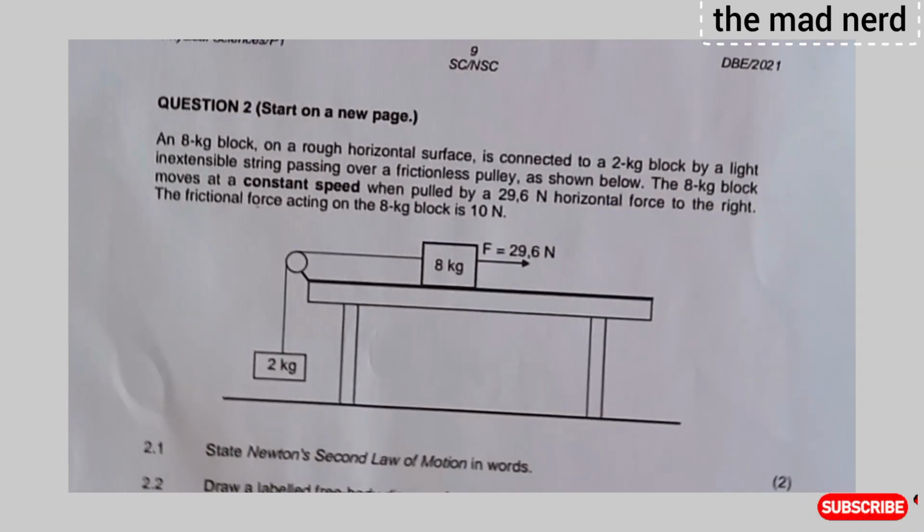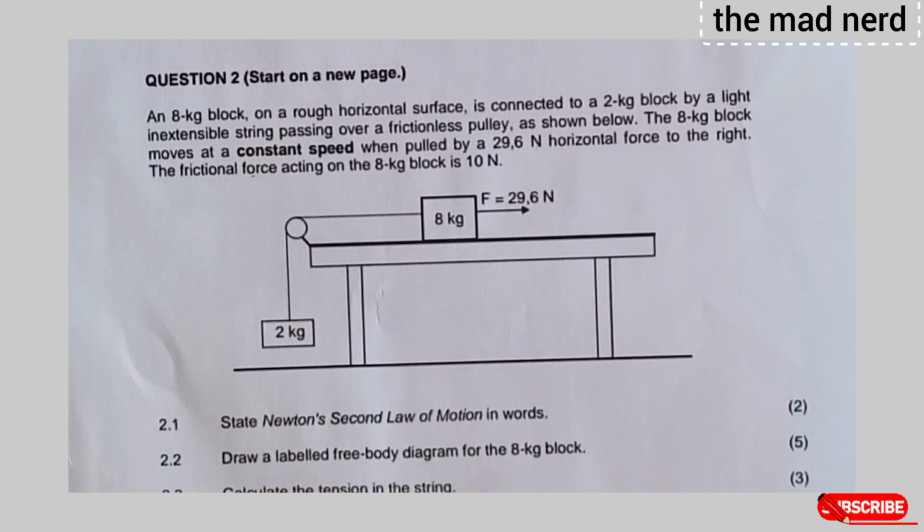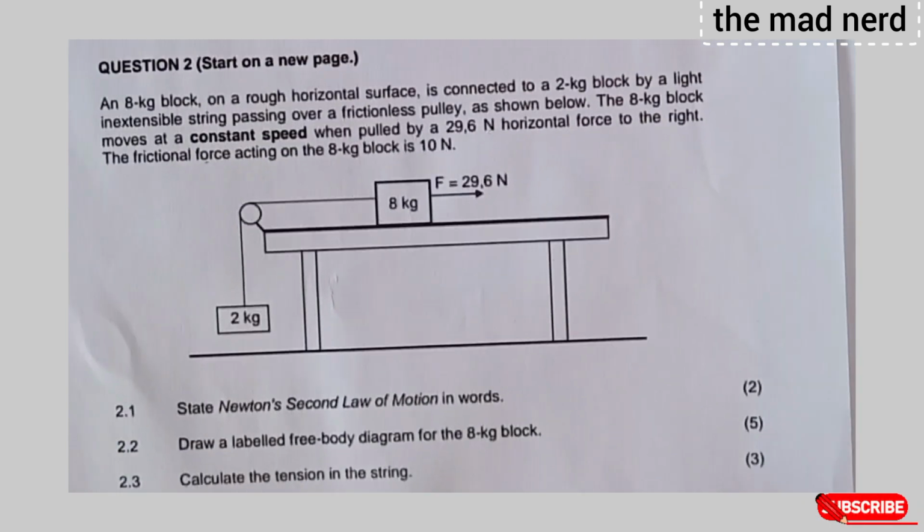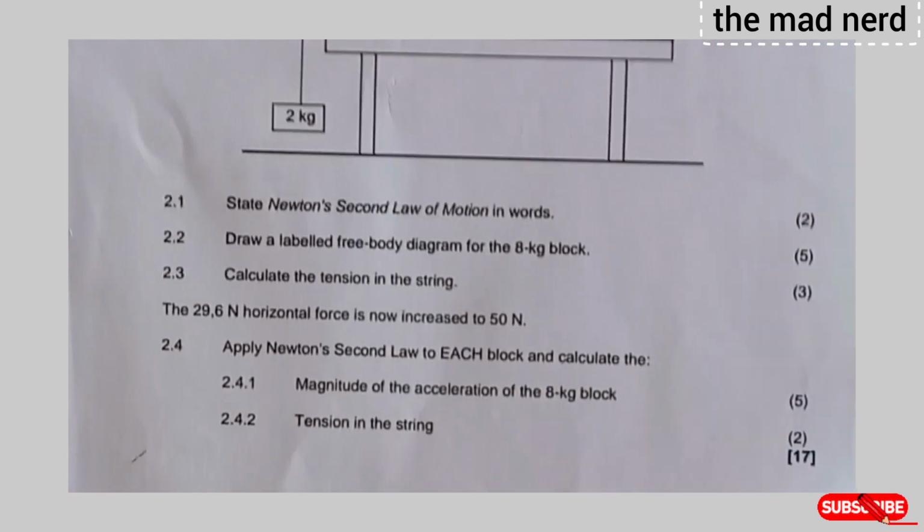So now let's look at the second question. 2.2 says: draw a labeled free body diagram for the 8 kg block. That is 5 marks there, if you can see that. So let's draw the free body diagram for the 8 kg block.